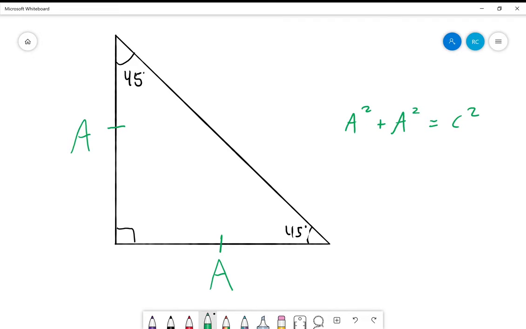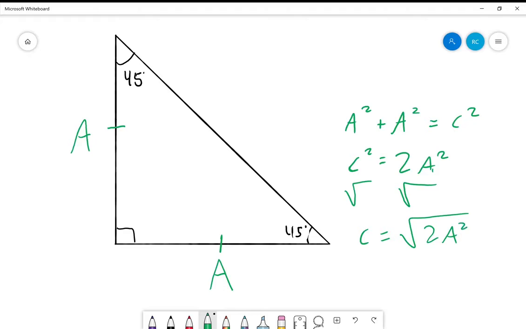Well, A squared plus A squared is 2A squared. And then we want to square root both sides. And we get C equals the square root of 2A squared.